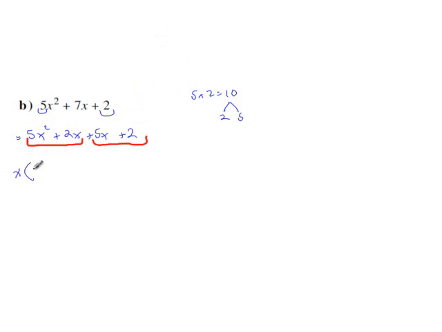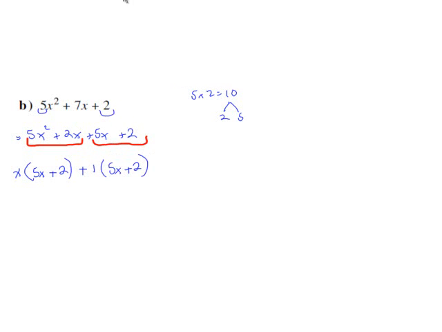If I take the x out, 5x squared divided by x is just 5x. 2x divided by x is just 2. 5x and a positive 2, they don't have a common factor, so your common factor is really, we can say it's 1 times 5x plus 2. You don't need to write the 1 there, that's optional.